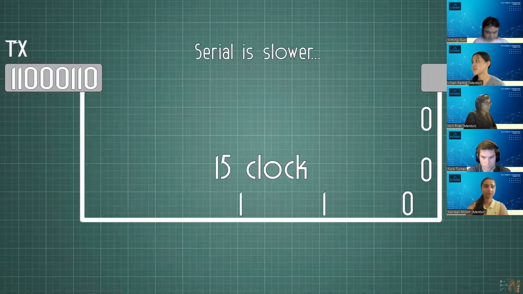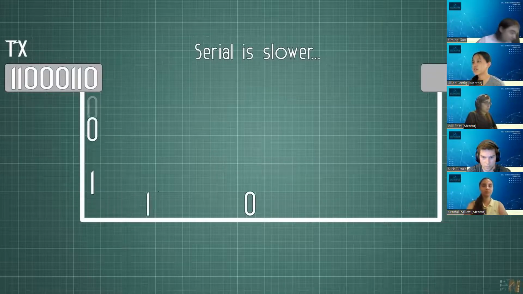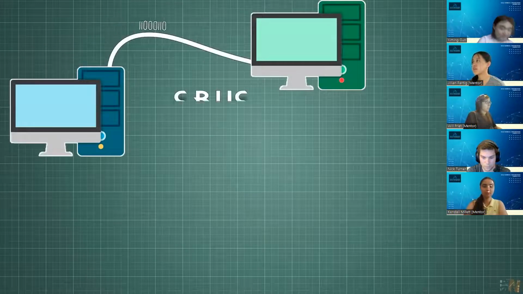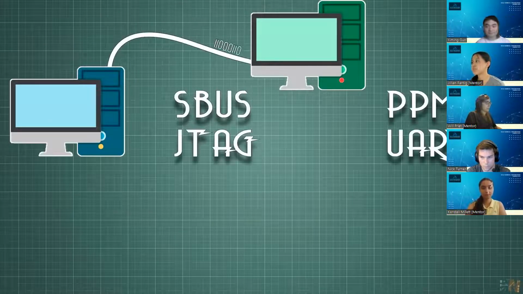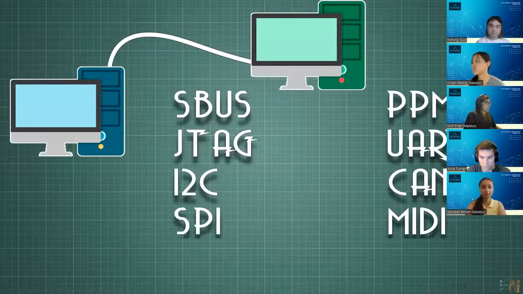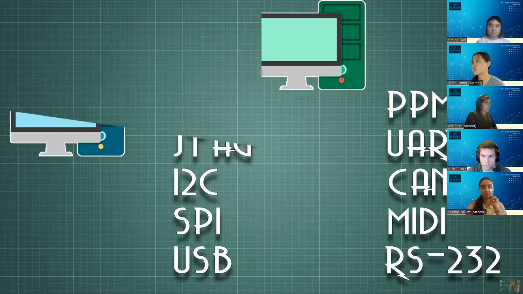So this will be 16 times slower. So that's the main disadvantage of using serial communication. As examples for serial communication, we have the S-bus, the PPM, the JTAG connection, UART, I2C, the CAN, SPI, MIDI, USB, RS-232, and more. And even the Morse code could be a serial communication.